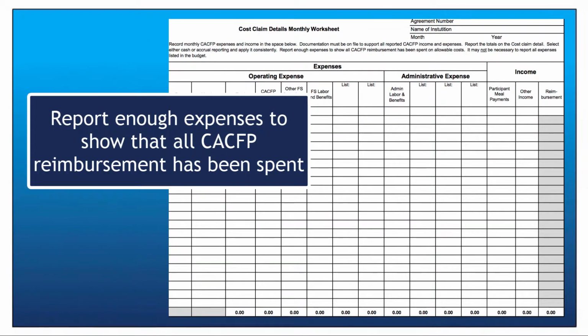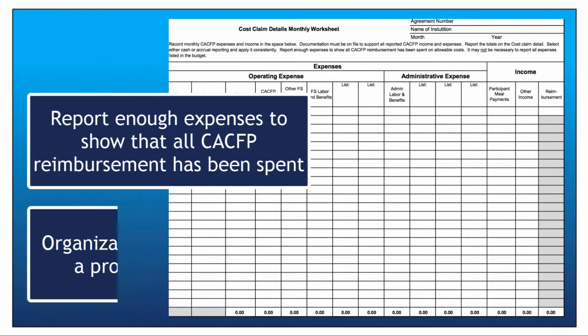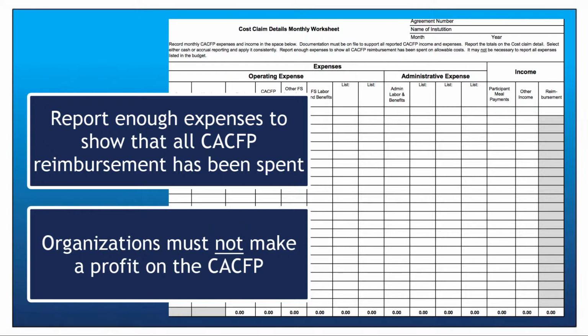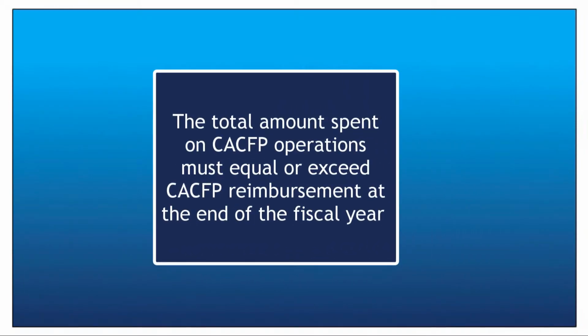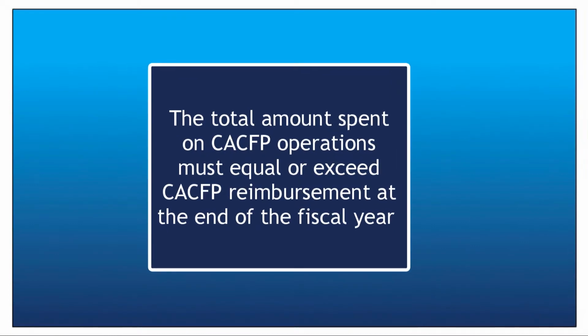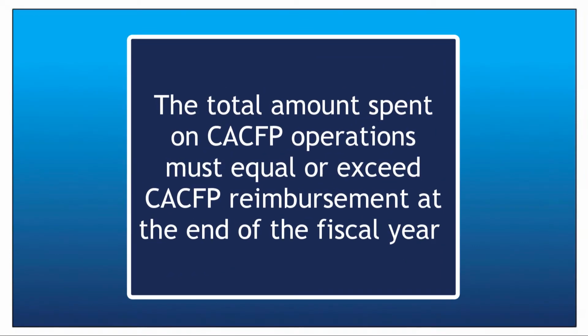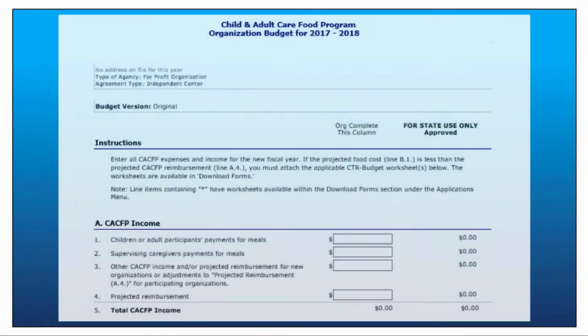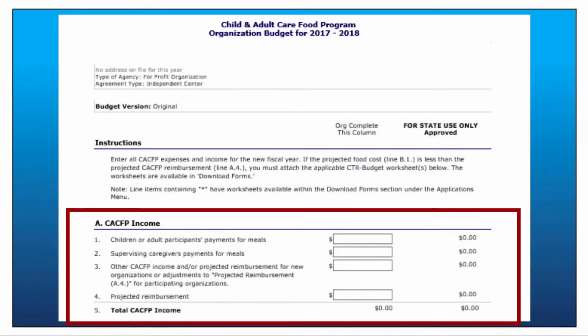Report enough expenses to show that all CACFP reimbursement has been spent, as organizations must not make a profit on the CACFP. The total amount spent on CACFP operations must equal or exceed CACFP reimbursement at the end of the fiscal year. If the organization has other CACFP income, it must be subtracted from CACFP expenses.